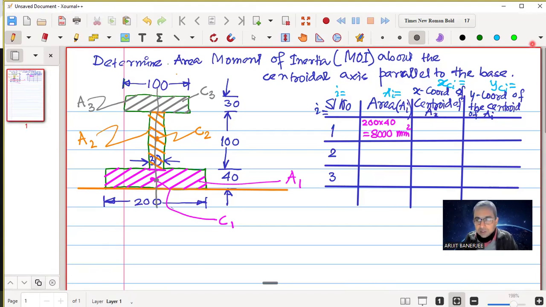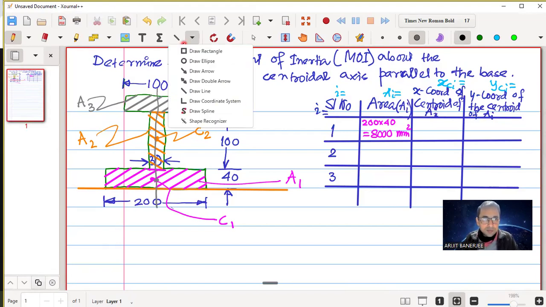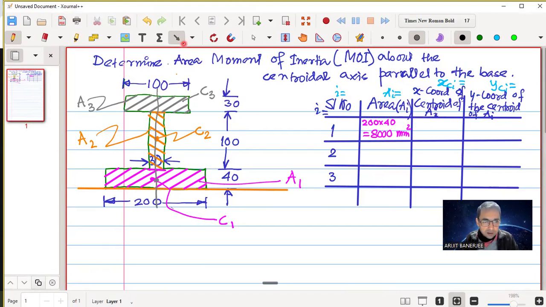So it will be 0, isn't it? Because if this is the x coordinate axis, then the x coordinate of the centroid will be 0. And where is the y coordinate? The y coordinate we will determine.